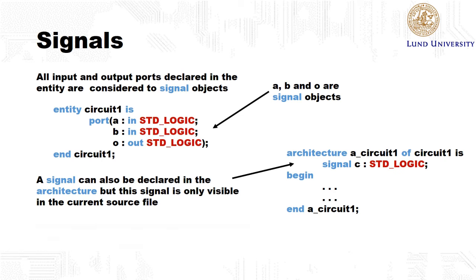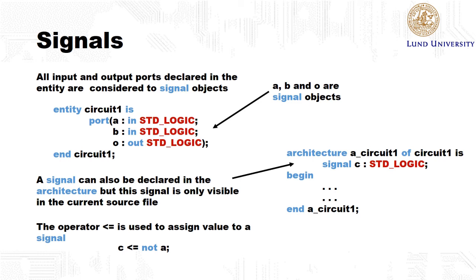When we assign a value to a signal, we make use of the operator angle bracket and equal sign. So here we assign a value to C that is the inverse of A, and we end the statement with a semicolon. When you use signals in your description, they will more or less always be translated into a wire or a wire with memory when you synthesize your design.